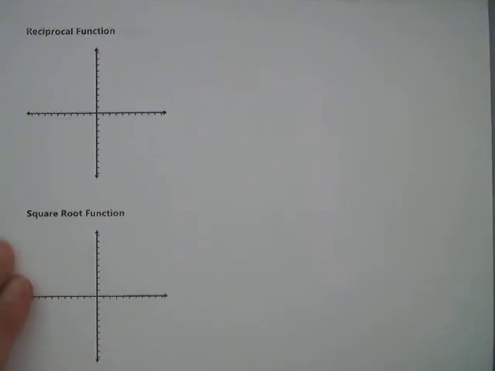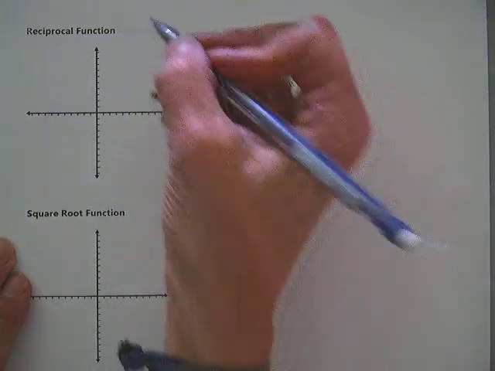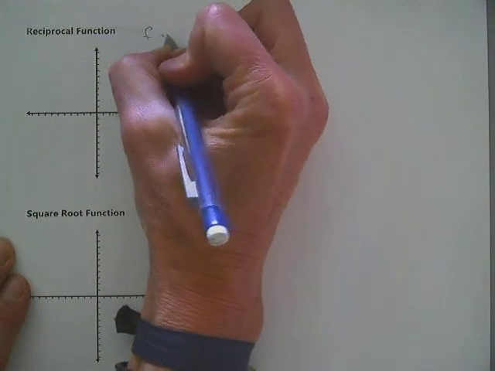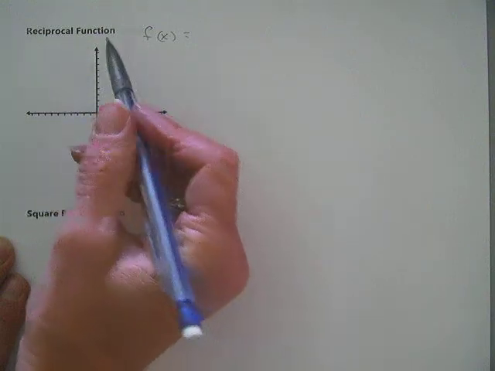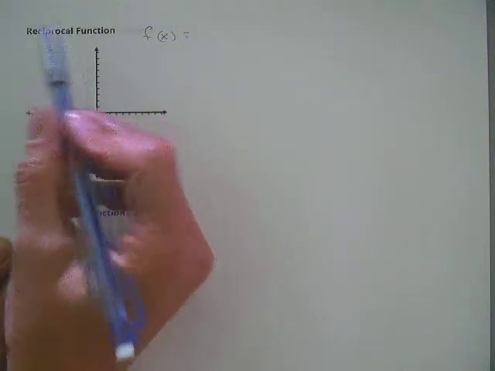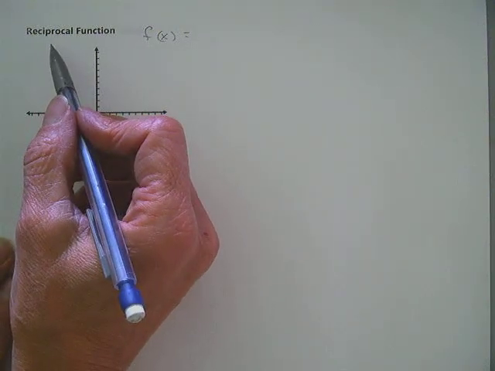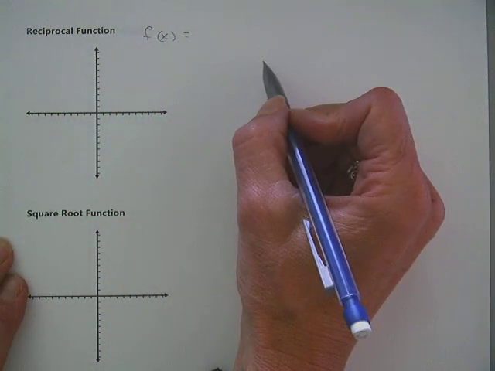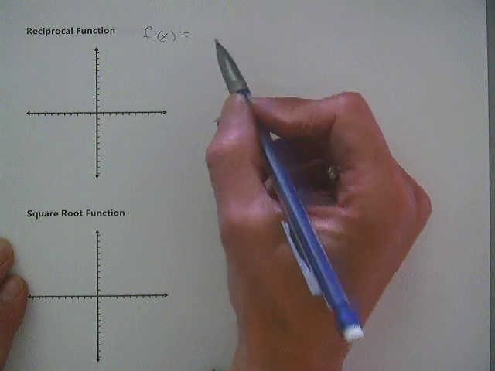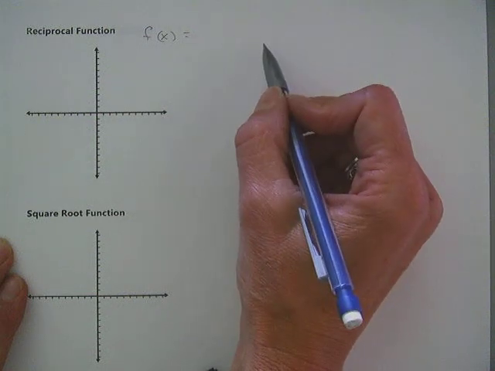Okay, the next one that we're going to talk about is the reciprocal function. When you think of reciprocal, what do you think of? When have we used that word reciprocal? Perpendicular. Okay, we do use reciprocal when we talk about perpendicular lines, but what about the perpendicular lines do we use the reciprocal on?